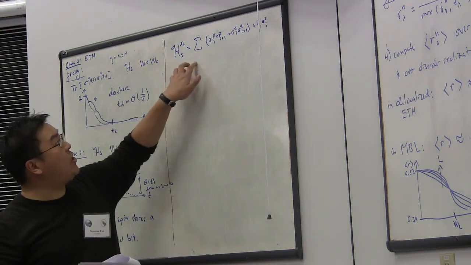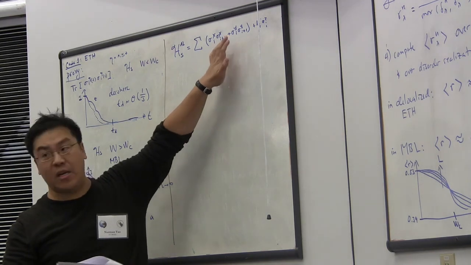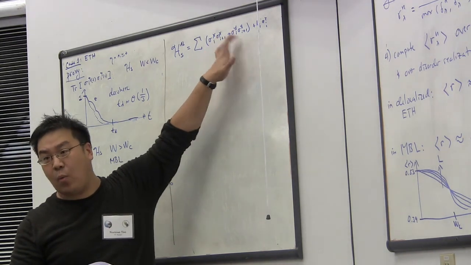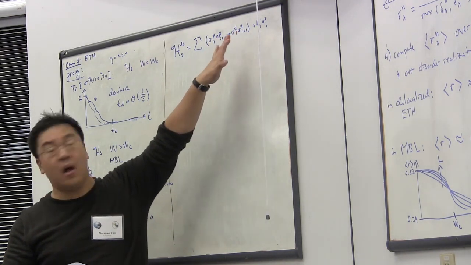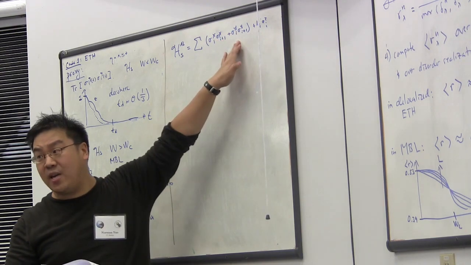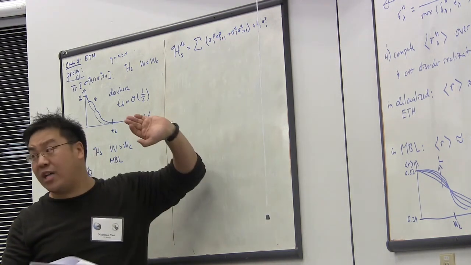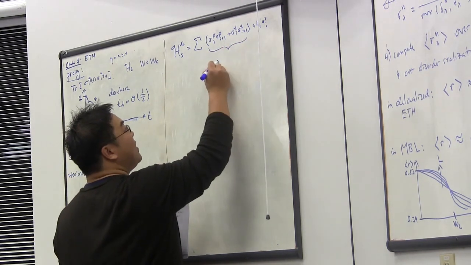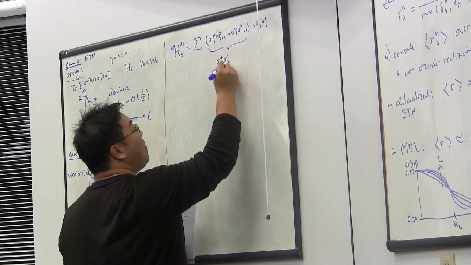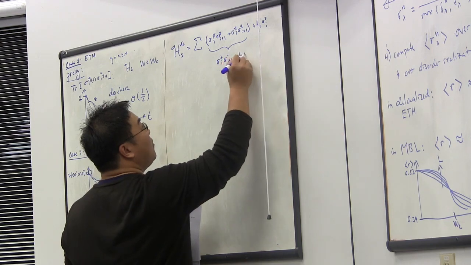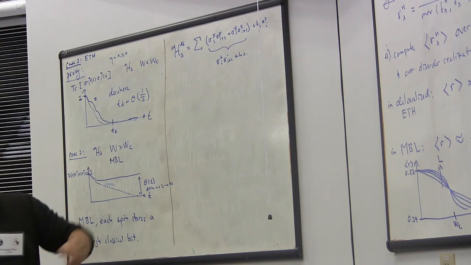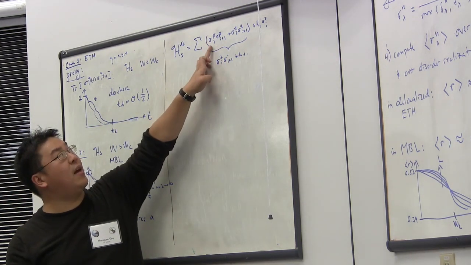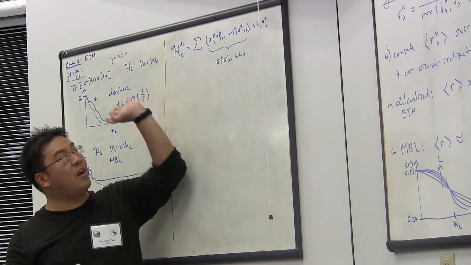If you remember, HS previously in your notes was sigma dot sigma, which is an XX, a YY, and a ZZ component. All I'm doing now is dropping the ZZ component and leaving nearest neighbor XY interactions. In Dima's language, I think he wrote this as sigma plus i, sigma minus i plus 1, plus Hermitian conjugate, when you use the raising and lowering operators. I'm probably off by a factor of 2.